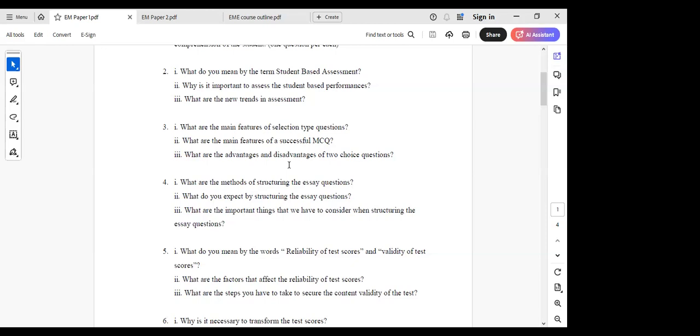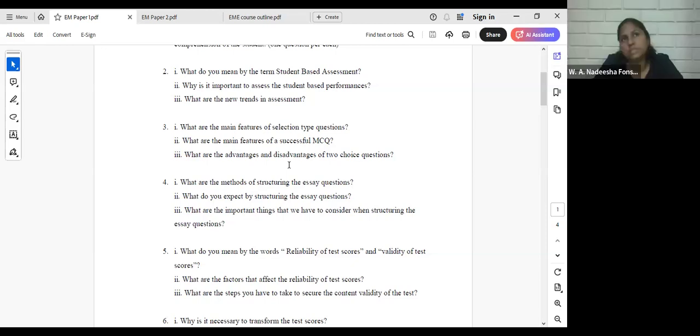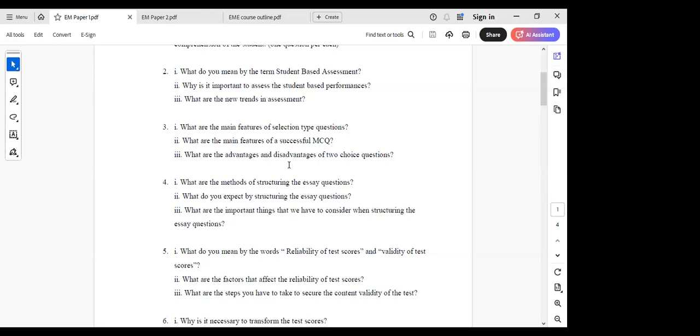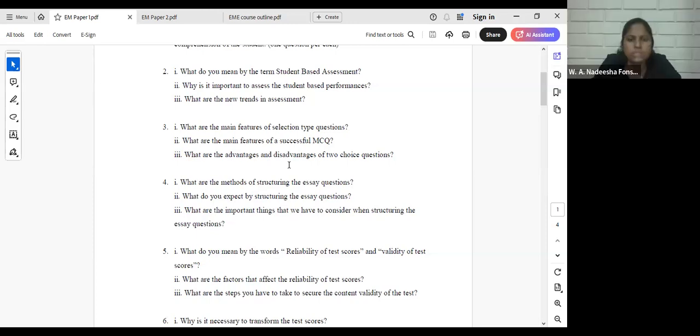Cognitive domain. Yes. There are two types of questions, selection type and supply type. So what are the main features of selection type? Under selection type, there are three types of tests. What are they?